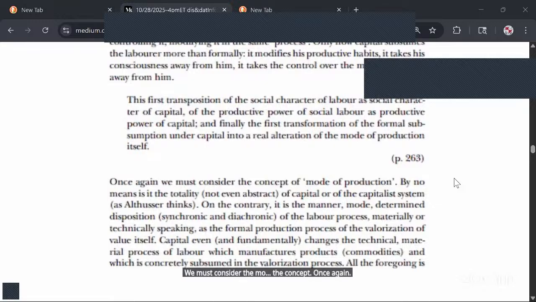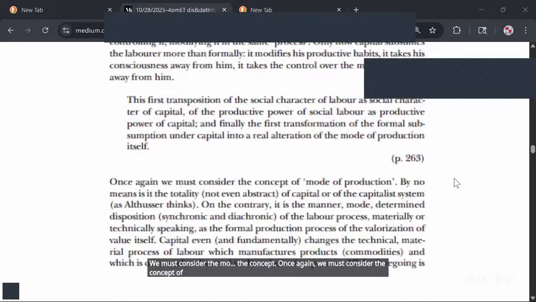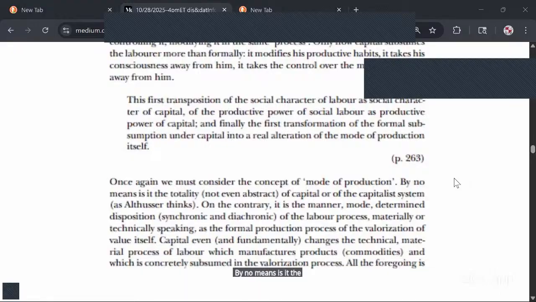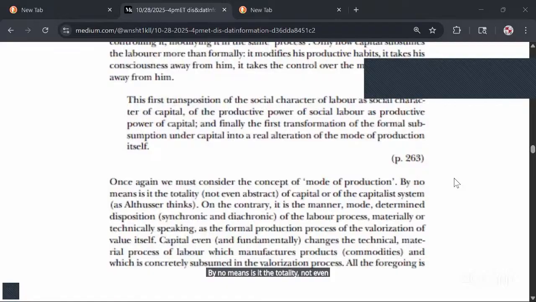Now, once again, we must consider the concept of mode of production. By no means is it the totality of capital or of the capitalist system, as Althusser thinks.